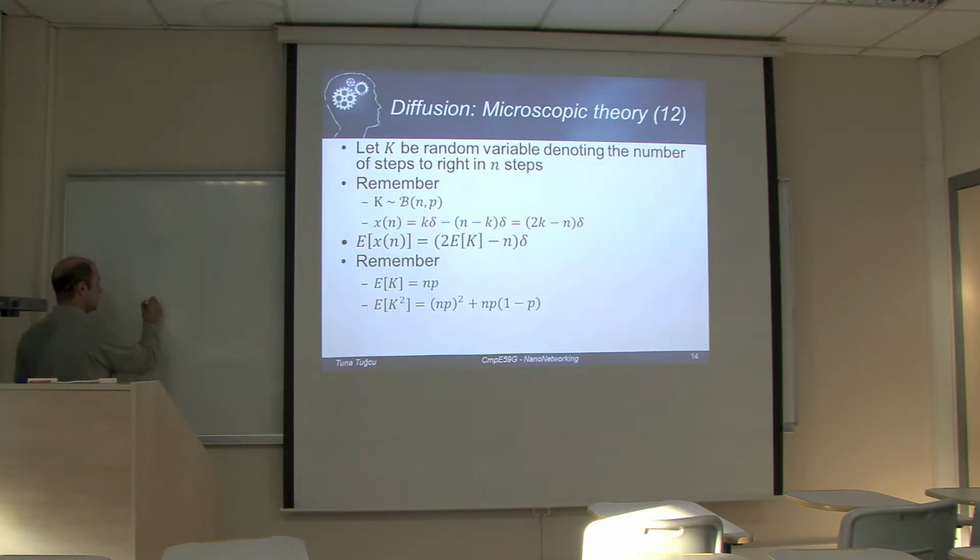Four times the expected value of k squared minus 4 times the expected value of k times n plus n squared, all this multiplied by delta squared. This is k. So the expected value of k squared is what?